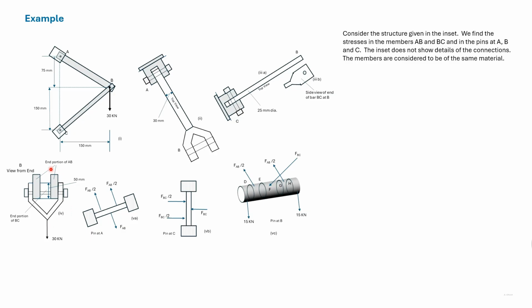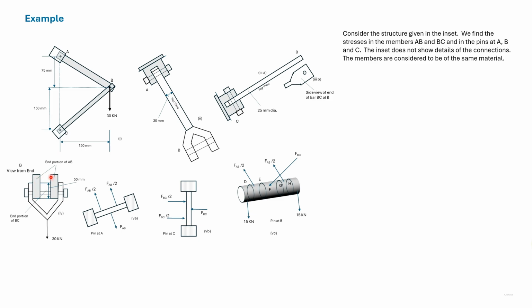This figure gives the end view of B. So looking at B from this side, it connects both AB and BC as well as a bracket for the 30 kilonewton load. So this part is due to BC.